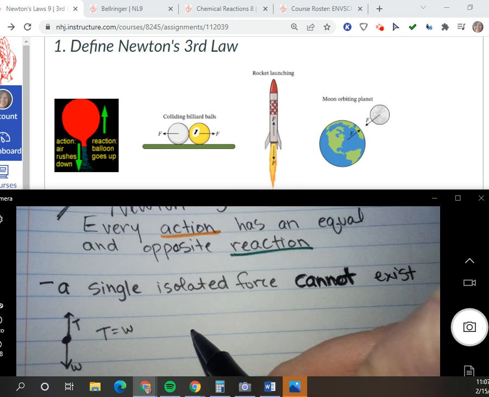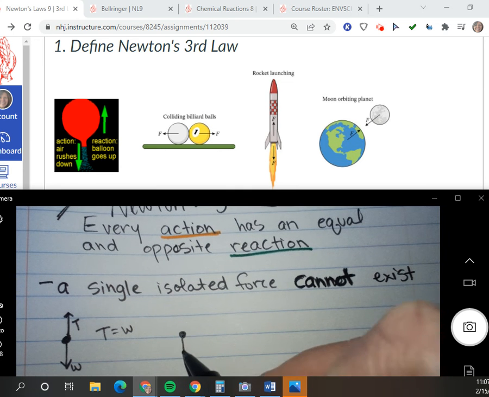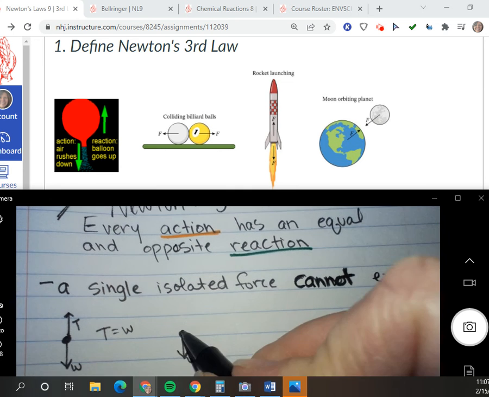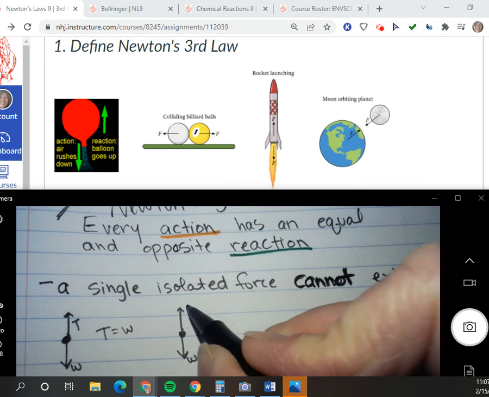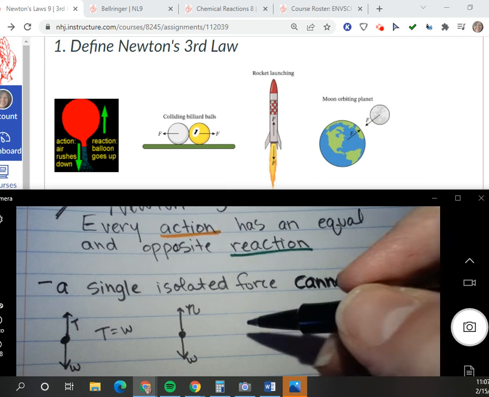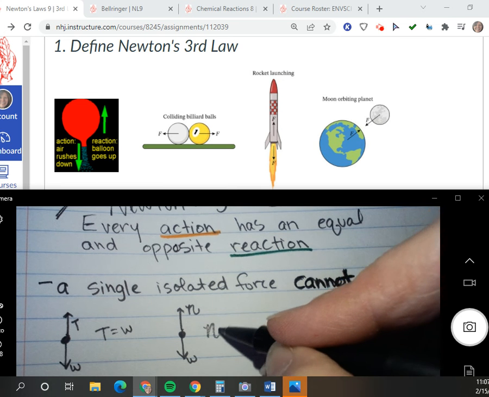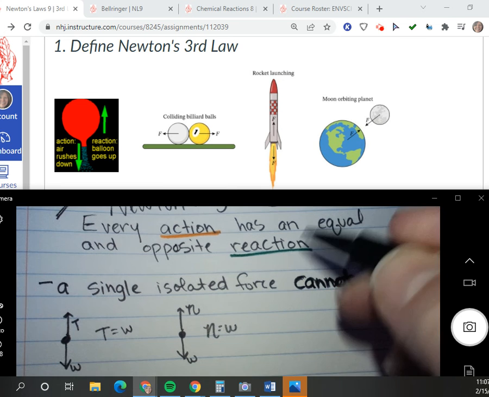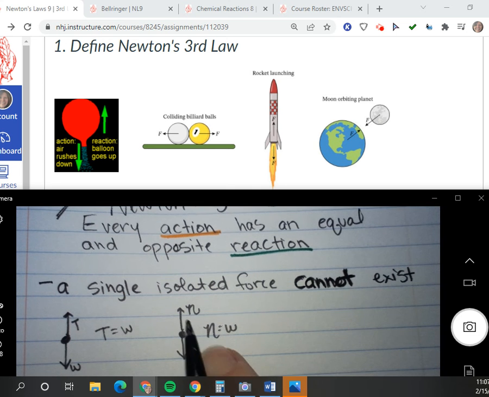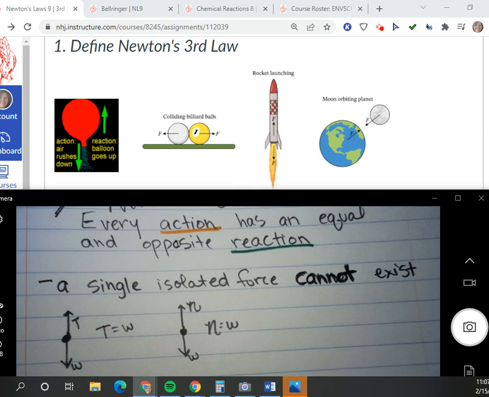We had the example of a book sitting on a desk. That book has a weight, but it also has the normal force that is counteracting that weight so that it doesn't get squished into the table. So the normal force equals weight. We've already kind of seen that in balanced forces that we've talked about.